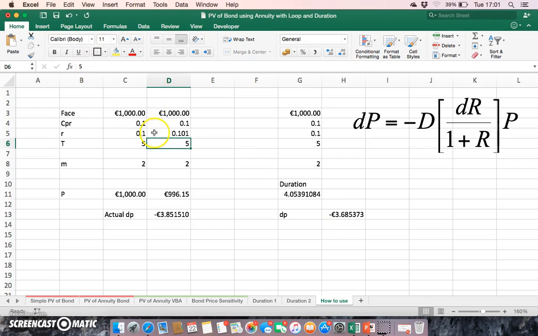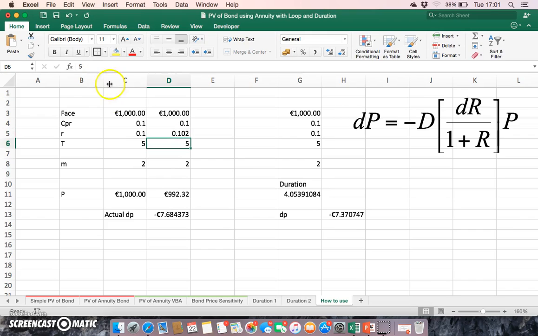Okay, if the interest rate actually, change this to 0.998, right, similar results.